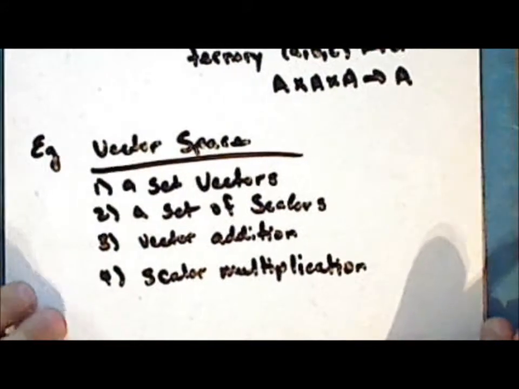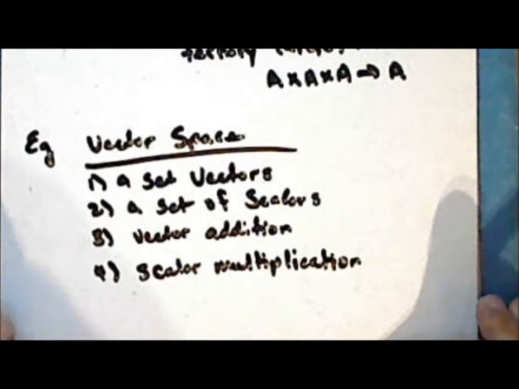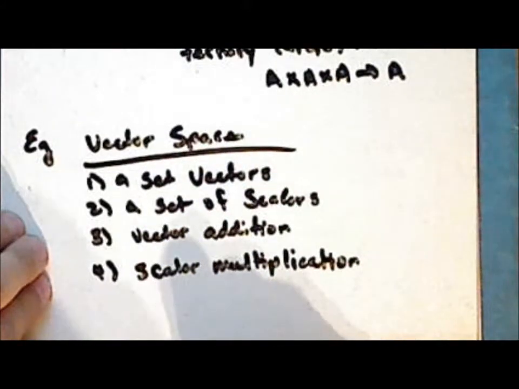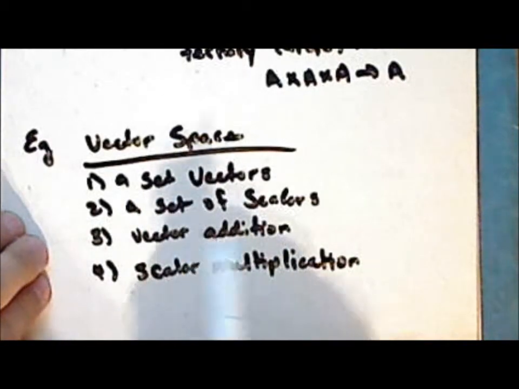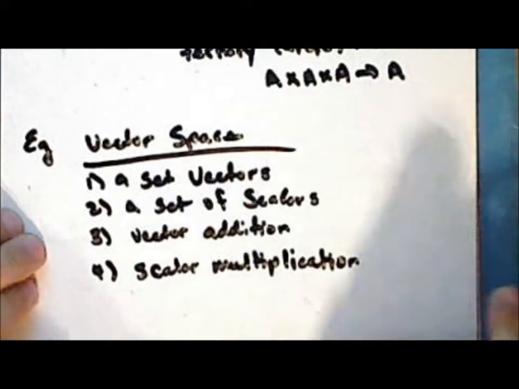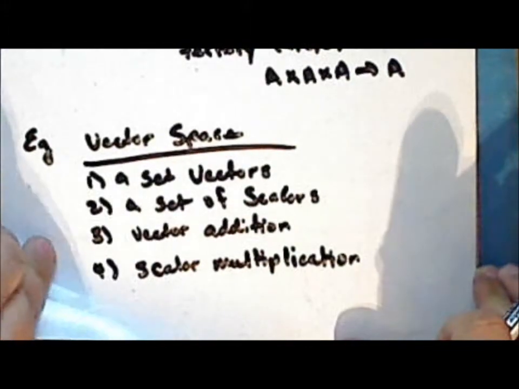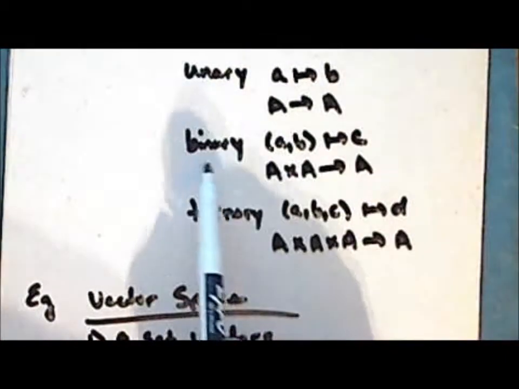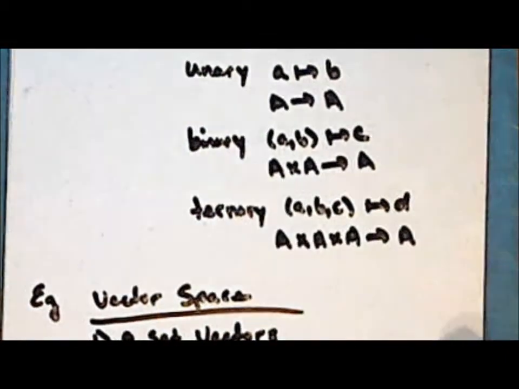Now, a vector space requires additional properties, especially of the operations, but at a minimum, there are four elements that are necessary to define a vector space. And so a vector space is not a binary algebraic structure. Now, as I said, we will be focusing on binary operations.